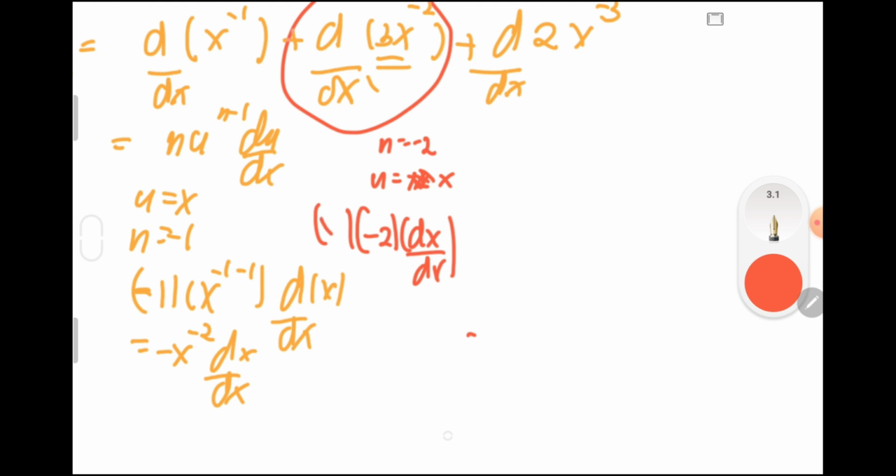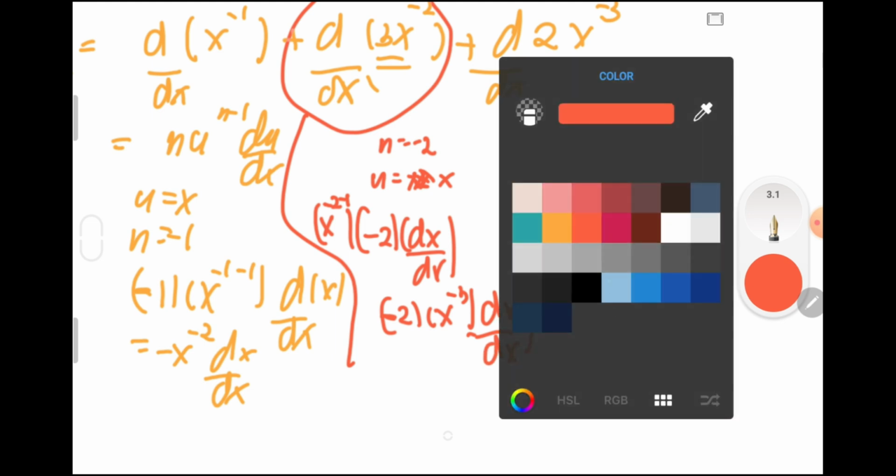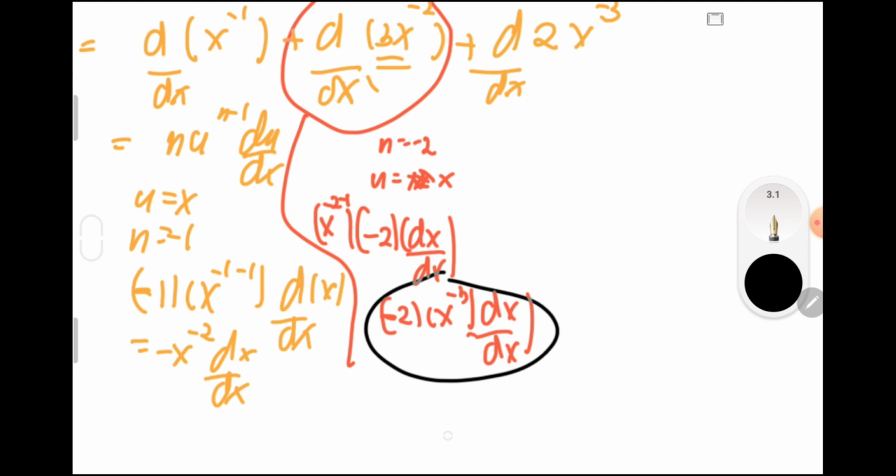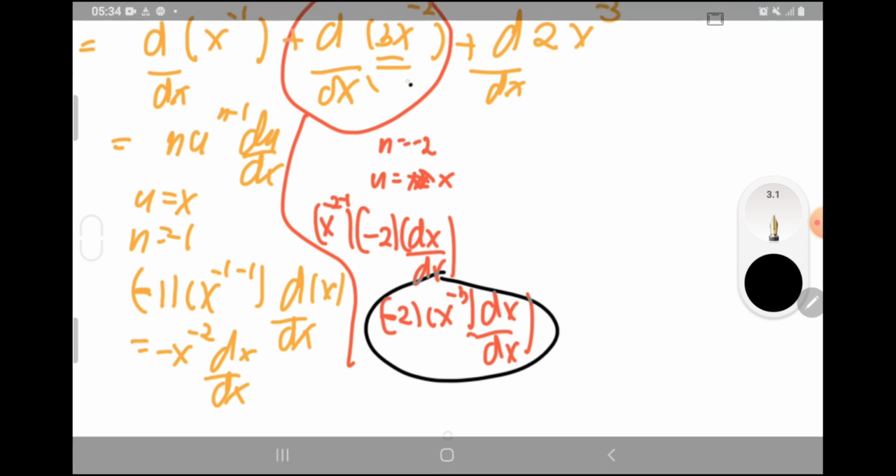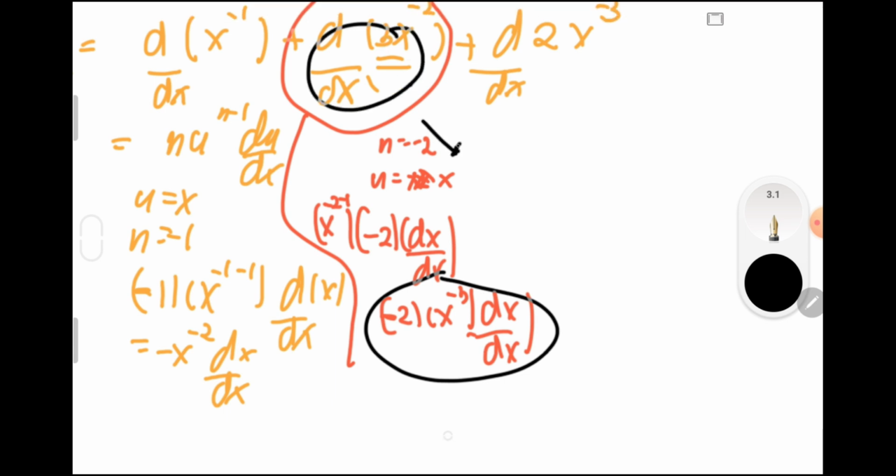So x raised to negative 2 minus 1. So we'll have a value equal to negative 2 multiplied by x raised to negative 3 dx over dx. So from this, for the latter, pwede kong isulat to kanina as 3 du over dx of x raised to negative 2 with respect to dx.